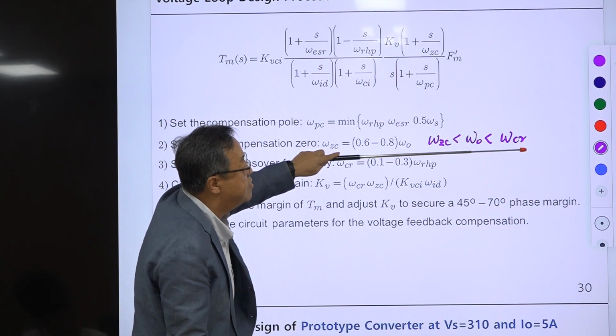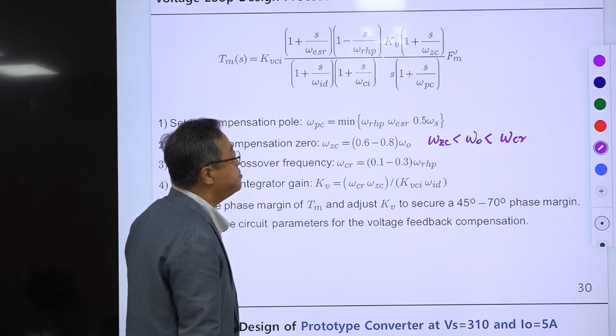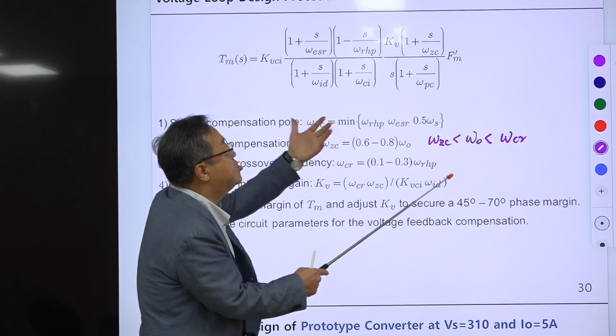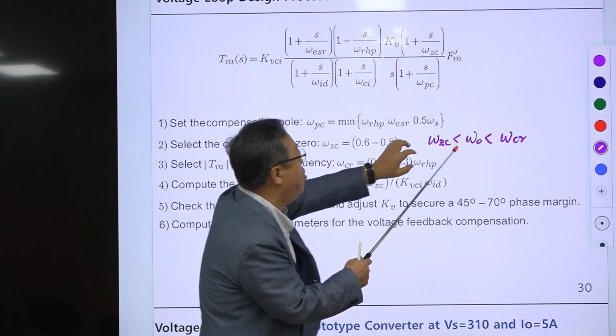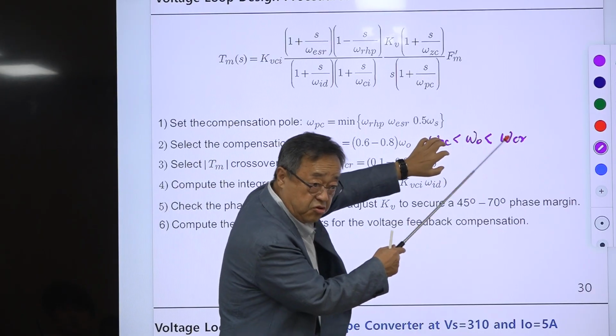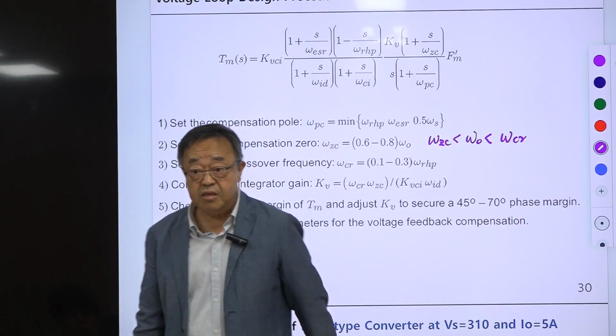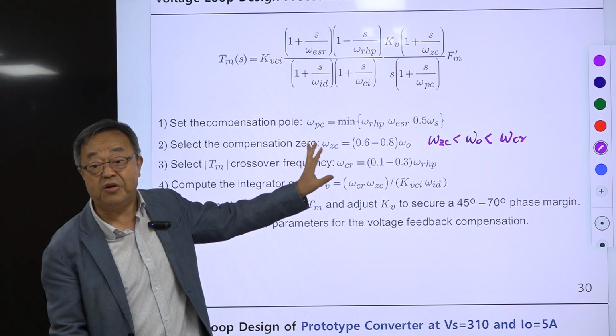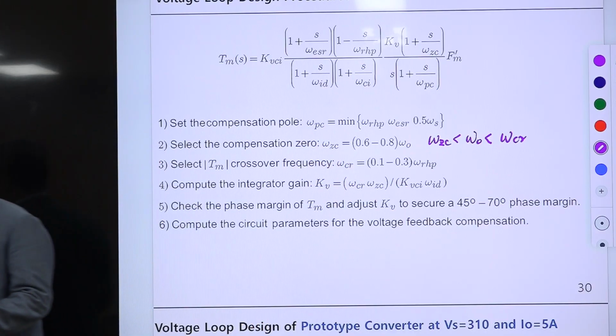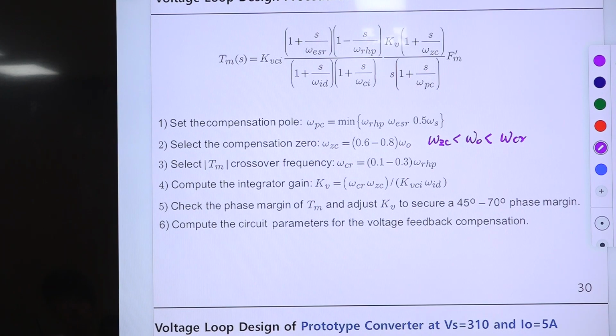Okay, and to have the phase boost in advance, this should come earlier than these 2 frequencies. Okay, so that is not shown here. But this situation is very similar to the case of voltage mode control. And there is another class of analysis, two-loop system analysis.